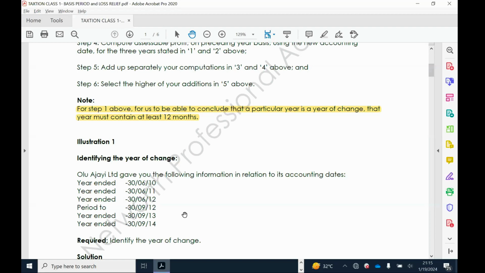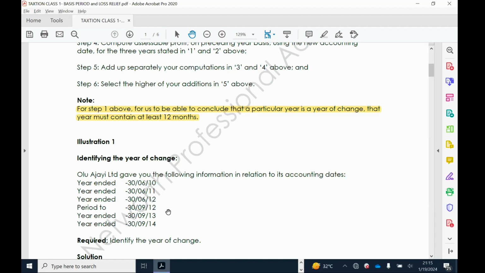But Aramide, please pay attention, and I want every other person to pay attention too. What we are saying is that before we can conclude that a particular year is the year of change, that year must contain at least 12 months. Between the year end from the immediate previous one and the new year of change, there must be at least 12 months in between.